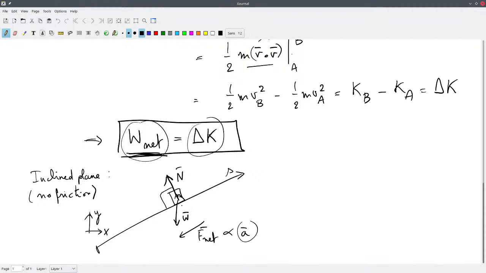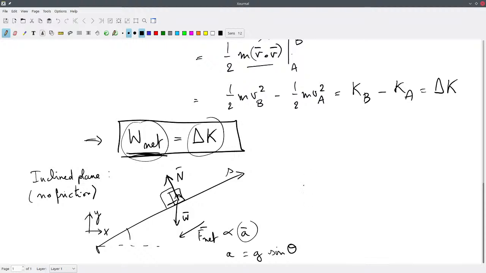This acceleration will be the component of the weight that is along the s direction. So the acceleration will be, as a magnitude, g times the sine of theta. This is the component of the weight along the slope.